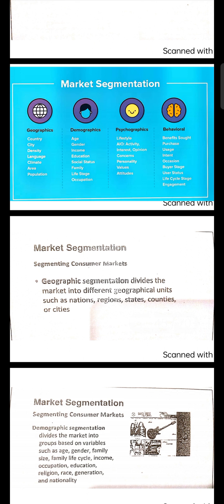Psychographic could be their lifestyle, activity of interest, interest group, opinions, concerns, personality, values, and attitudes. By behavior, there could be benefits sought, purchase, usage, intent, occasion, buyer stage, user status, lifestyle stage, and engagement. So different behavior, right?